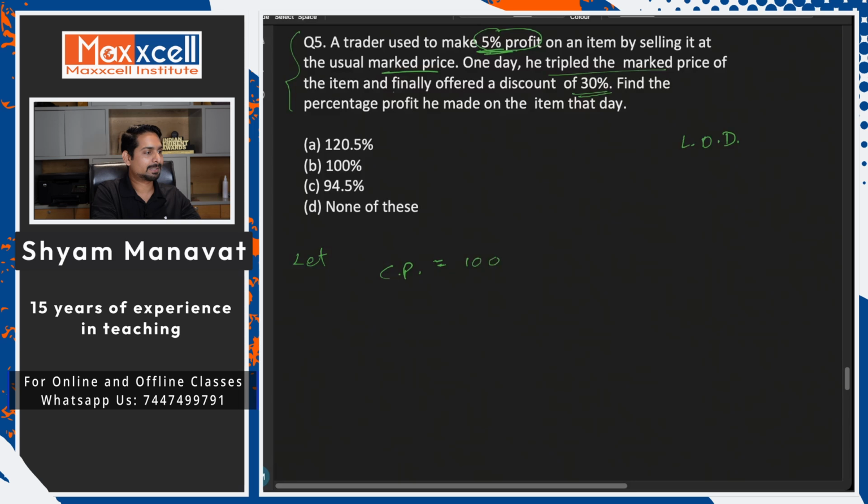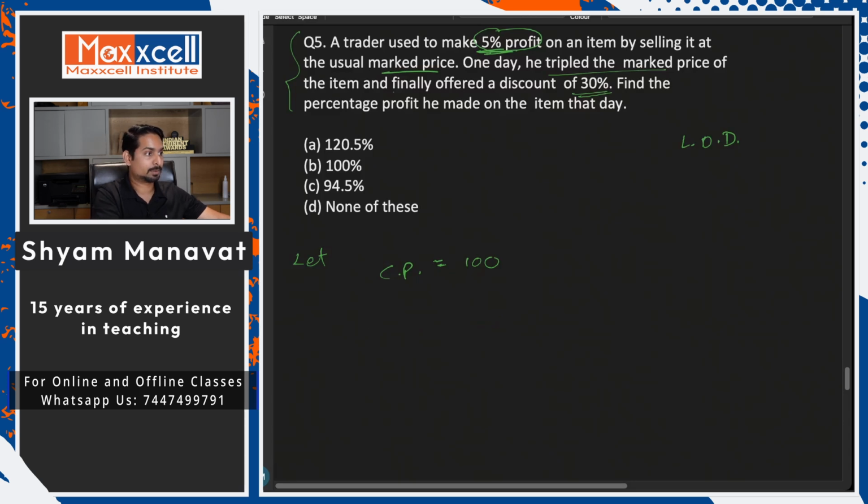In that case, the selling price, as per the question, is also the mark price. What is the mark price? It is 105, because that is a 5% profit if we sell the item at the mark price. Did you understand this part? I hope I am not making it complicated.